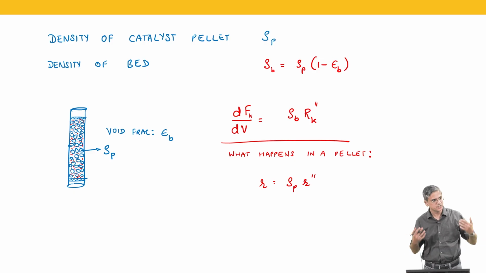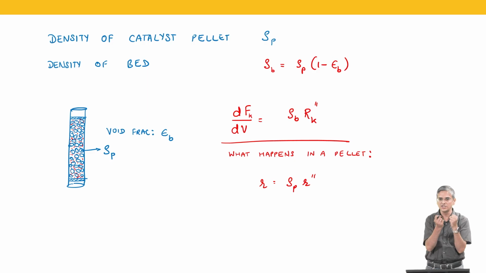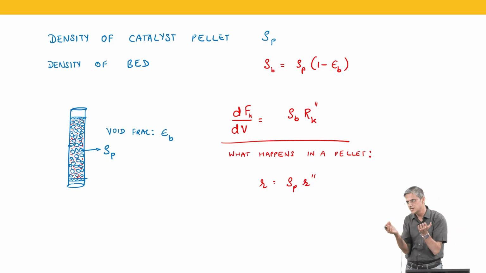How much volume will that 20 kilograms occupy? It will not be weight divided by density of pellet, because weight divided by density of pellet is the volume of only the pellets without counting the gas. The volume of pellet plus gas is going to be 60% higher. That is how you get this.